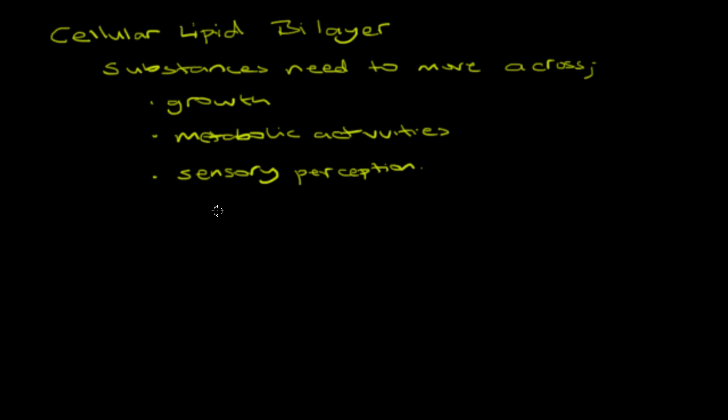And some of the problems with the cell walls are the basis of many of the diseases that we suffer from. So, for example, in some of the cell walls, you can have defective transporters. An example of this is cystic fibrosis.